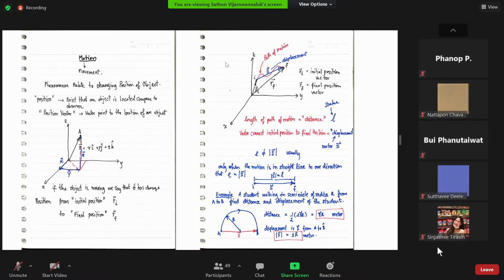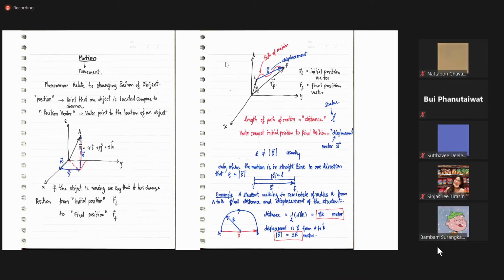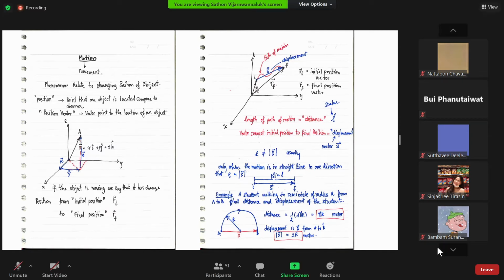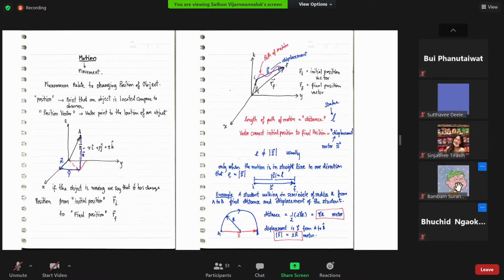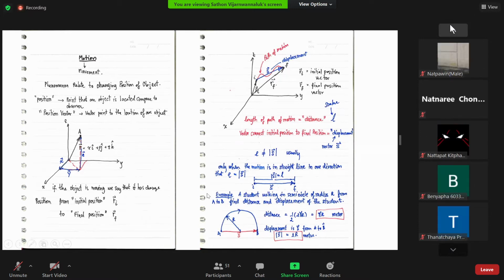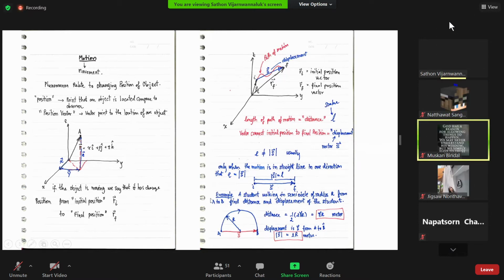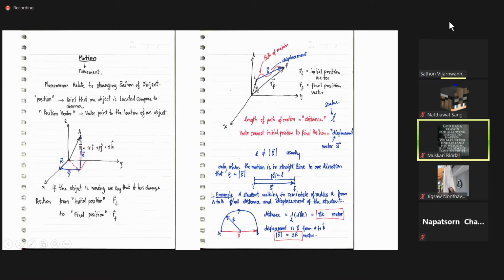The only situation where displacement is equal to distance is when an object is moving in a straight line in one direction. For example, a student walking in a semicircle. The distance is half the circumference, which is pi r meters.